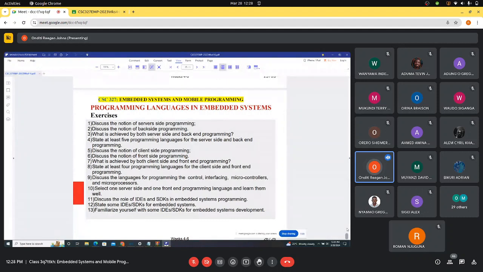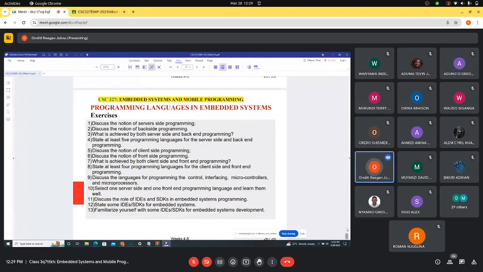And discuss the notion of client-side programming, the notion of front-side programming, which I believe all of you are aware of. What is the achievement of client-side and front-side? State 4 programming languages for client-side or front-end environment.